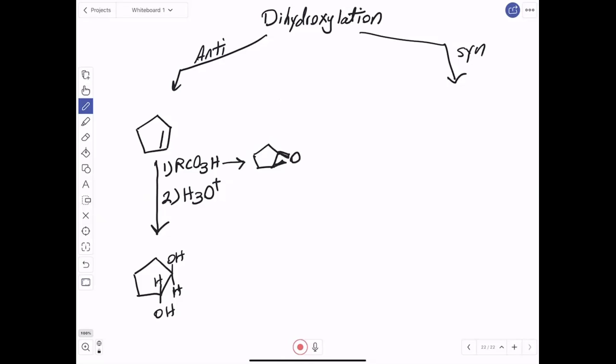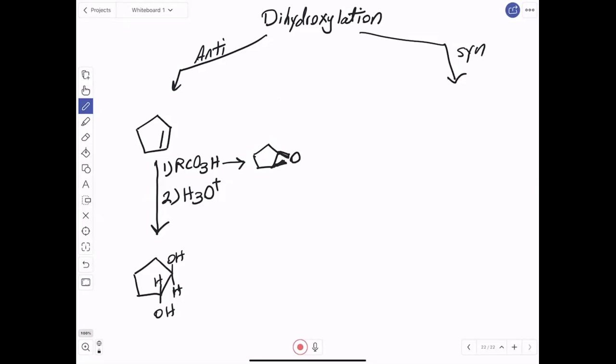And then H2O will attack one of the carbons from the opposite side. Now, looking at the epoxide intermediate, can you tell me why it is anti-addition?